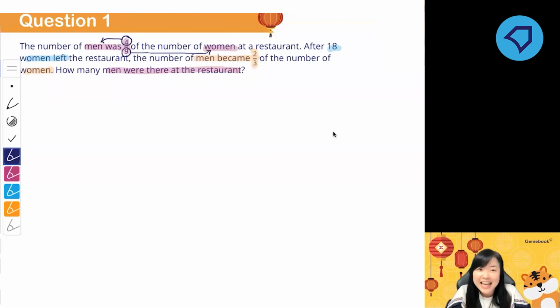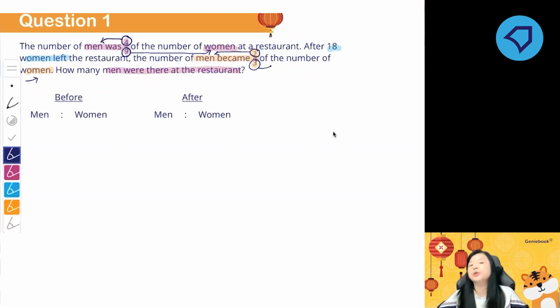Then, after 18 women left the restaurant, the men became 2/3. Third statement: the men became 2/3. Same thing. The numerator belongs to the first quantity. Denominator belongs to the second quantity, which is the women. Can you see now? Very good.